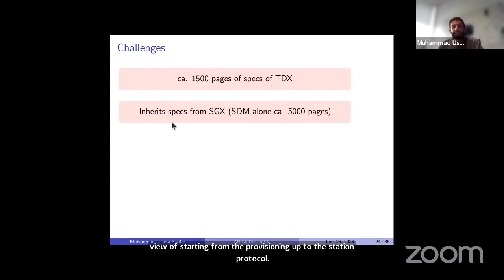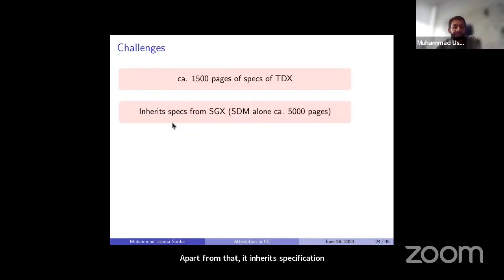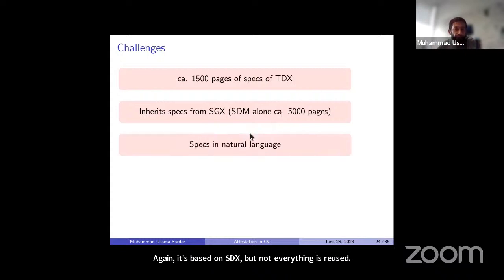Apart from that, it inherits specification from SGX, and the software development manual alone is 5,000 pages. Again, it's based on SGX, but not everything is reused. So this is just a rough figure to give the idea of the complexity of the protocol and the specifications.